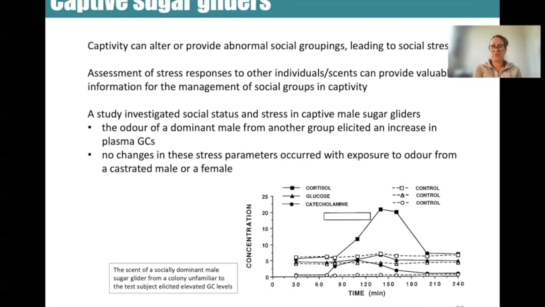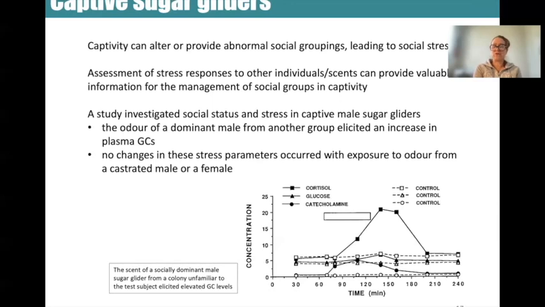Basically, the odour of a dominant male from another group was found to elicit an increase in plasma glucocorticoids. There were no changes in stress parameters of male captive sugar gliders when they were exposed to odour from a castrated male or a female.